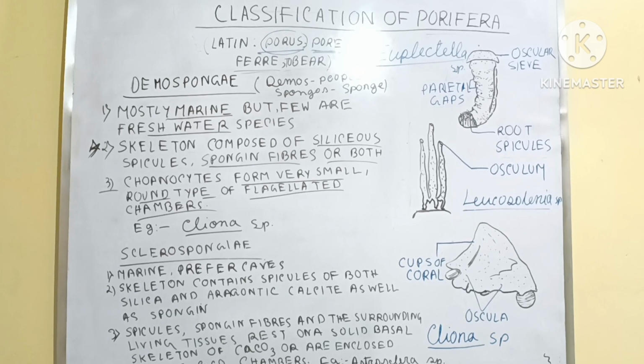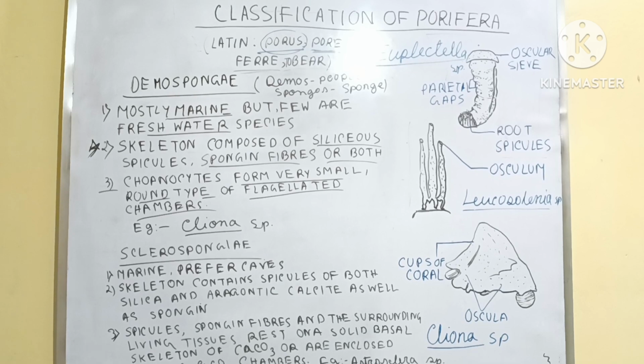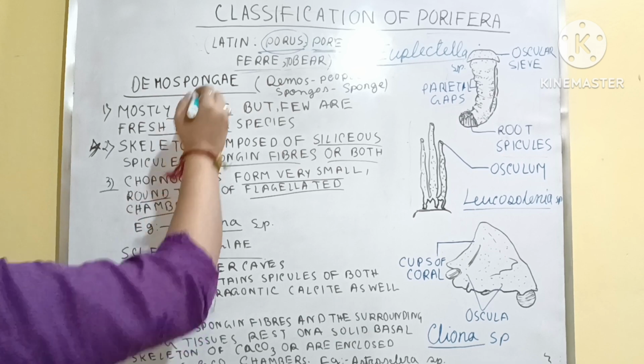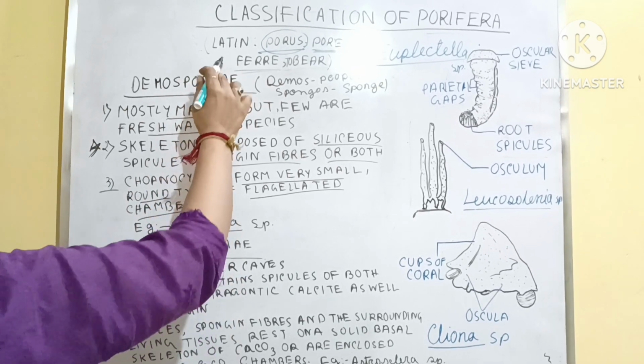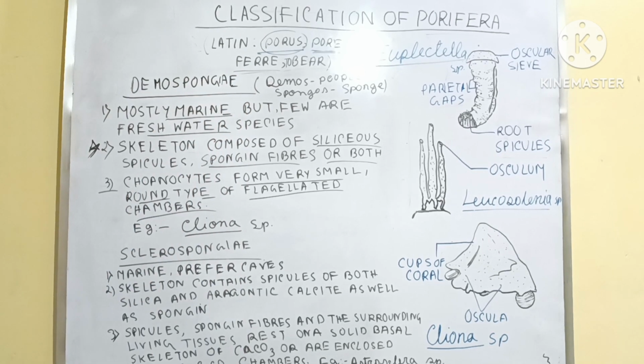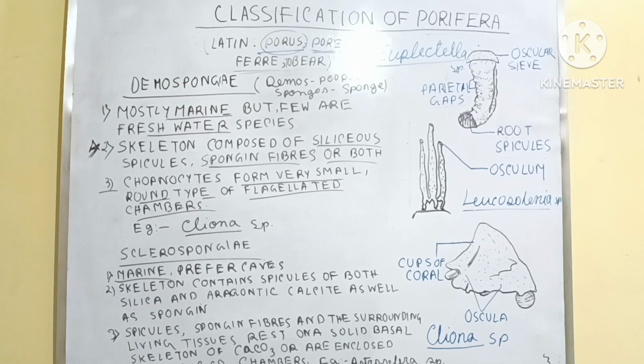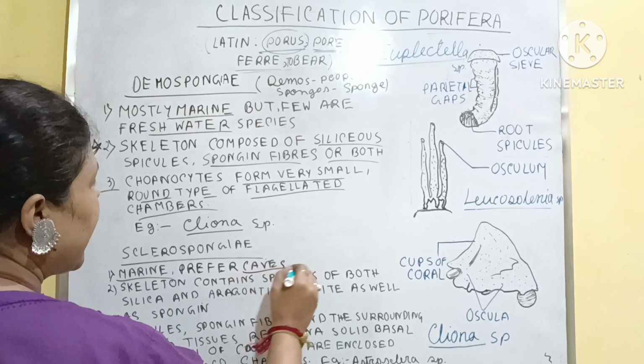The last one is the Sclerospongiae. The character of the Sclerospongiae is, first of all, these are marine and they generally prefer to remain in the caves.